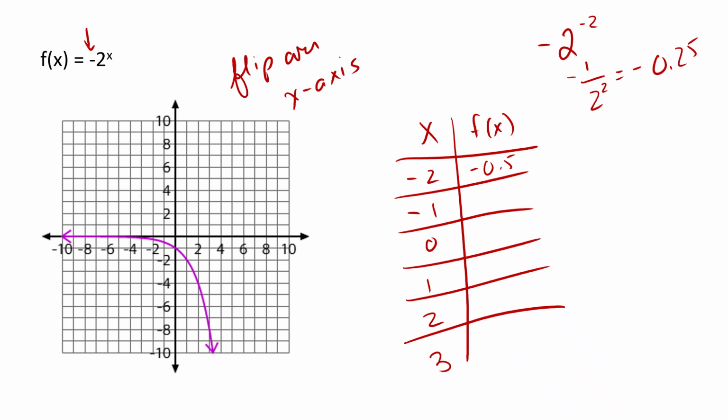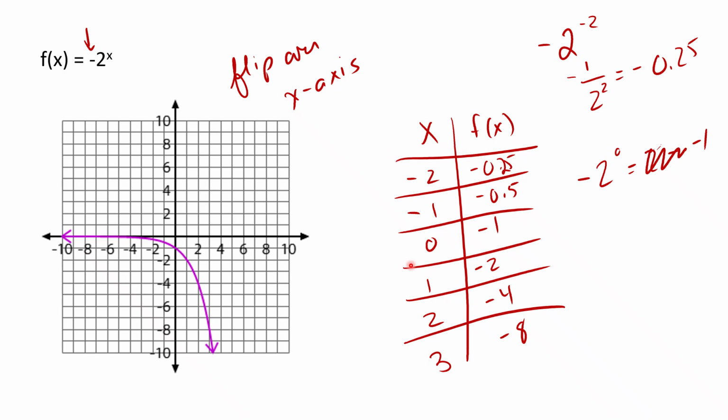Let's do the 0: -2 to the 0 becomes -1. -2 to the first power becomes -2. And essentially what you're doing, that was a 0.25 there, sorry about that, is that negative took every single y value that we had in the original and made it negative.